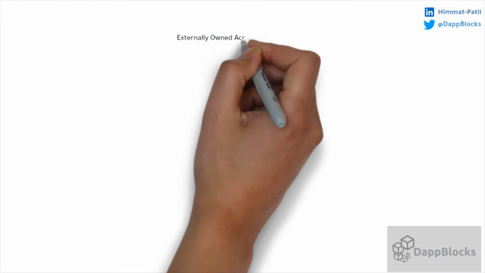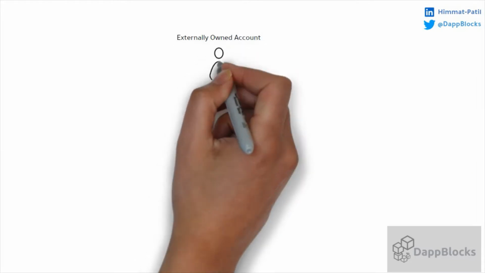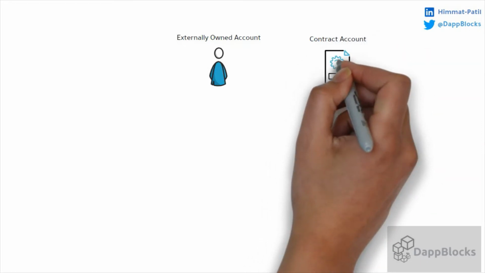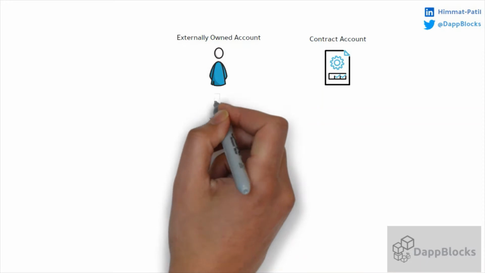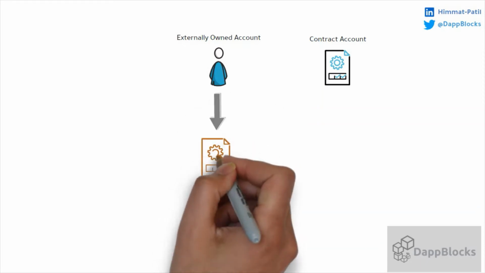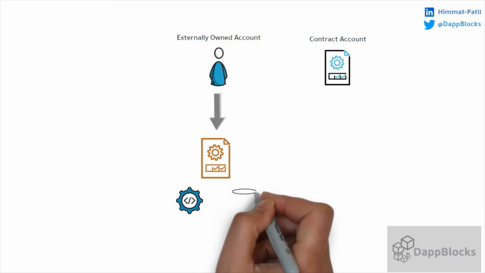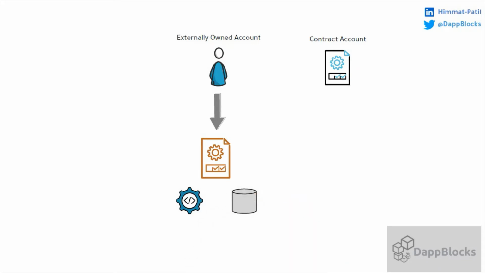As we know, Ethereum has two types of accounts: externally owned accounts, that is user accounts, and second is contract accounts or smart contract accounts. When there is a transaction request for contract creation from externally owned account, then it will create a new smart contract account with its code and storage.